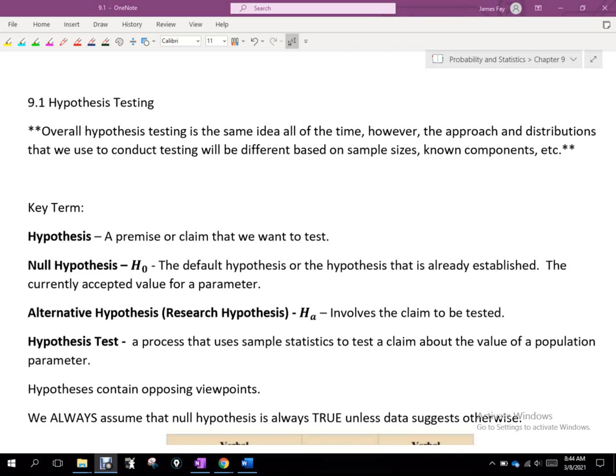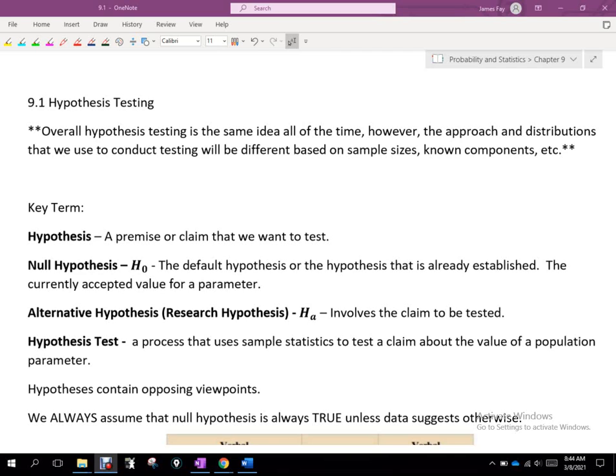You might want to write that down. Your null hypothesis always contains equality. Now it might be less than or equal to, or greater than or equal to, or just equal to. But the null hypothesis always, 100% of the time, contains equality.